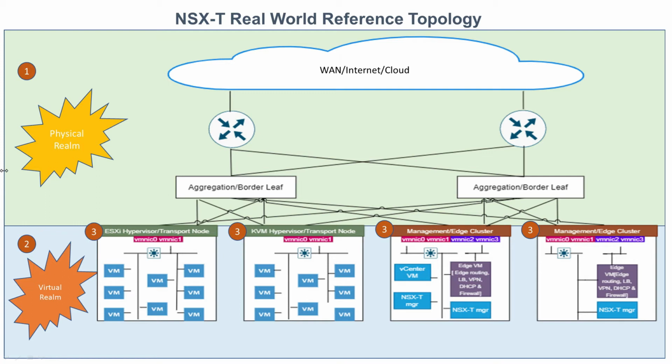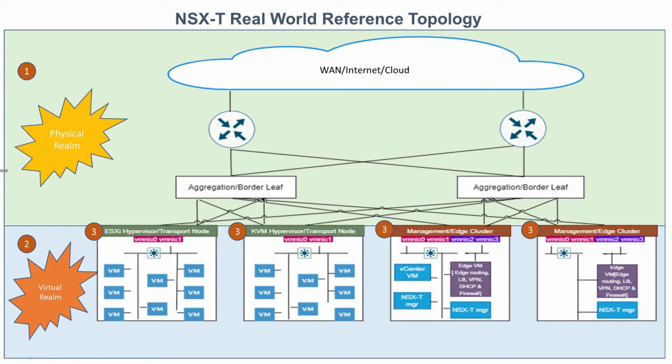And when it comes to edge clusters, this is where you will host all your edge functions. And for the workload, you have a separate workload cluster that will host all your VM infrastructure. Just to highlight, creating a separate cluster for workload and management or edge function is purely a design choice.